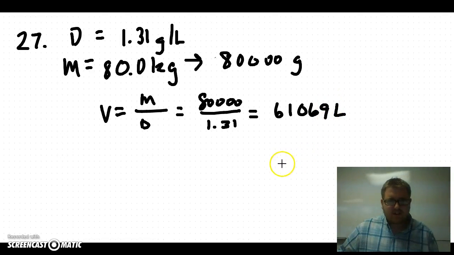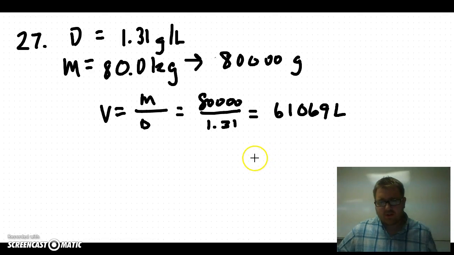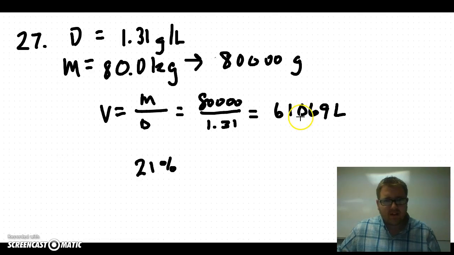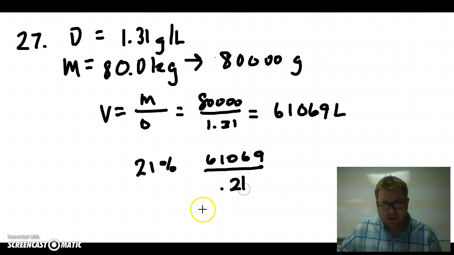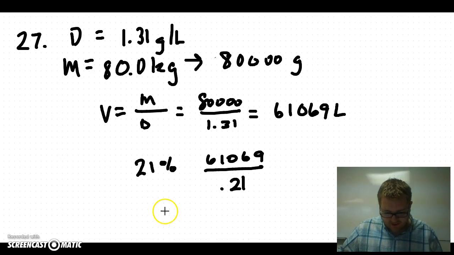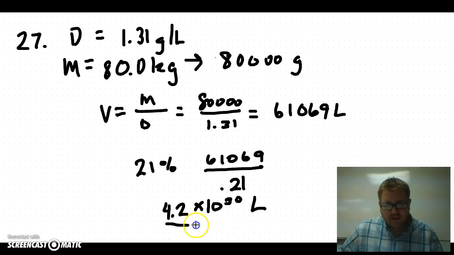We know that oxygen makes up 21% of the volume of the room. So we want to figure out, this is 21% of what? So let's take 61,069 over 0.21. We're going to find that the volume of the entire room is 4.2 times 10 to the 5th liters. So I'm going to stop here, and part 2 will be next.